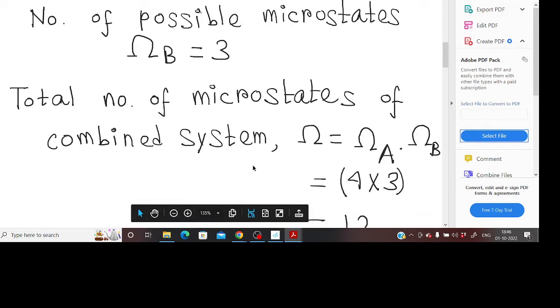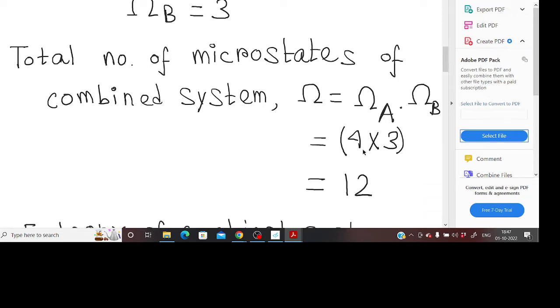So how to find the total number of microstates of the combined system? This is equal to omega A into omega B. Now how is it omega A into omega B? You have to look into the additivity property of entropy. I will come to that later.